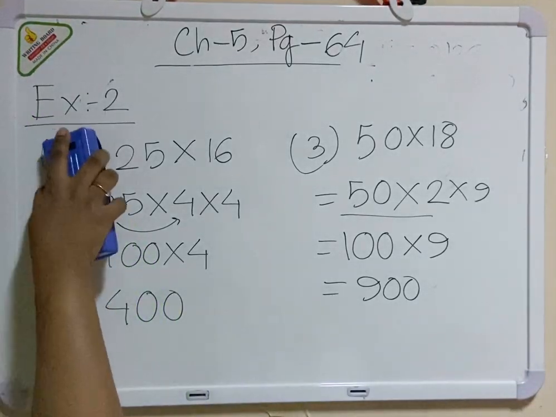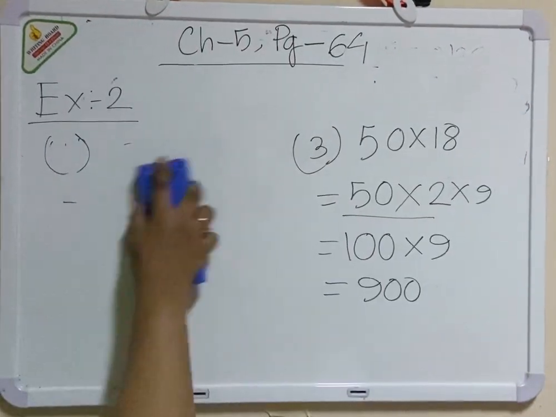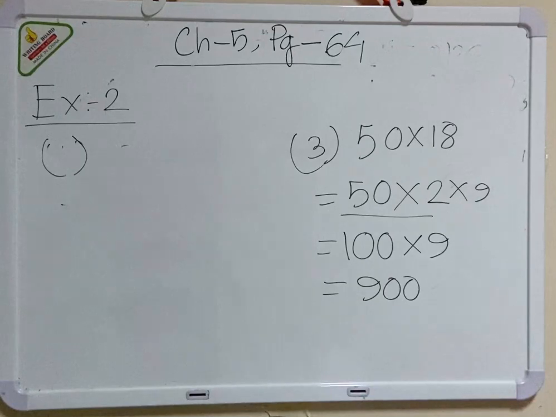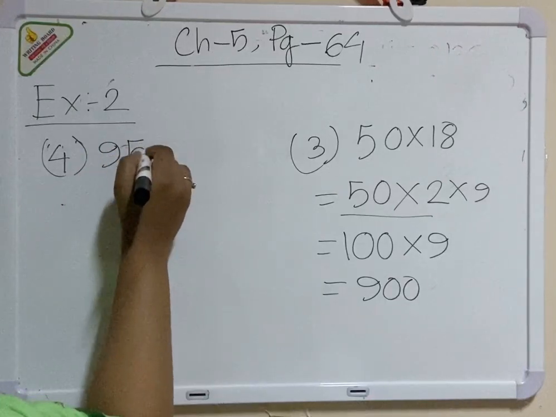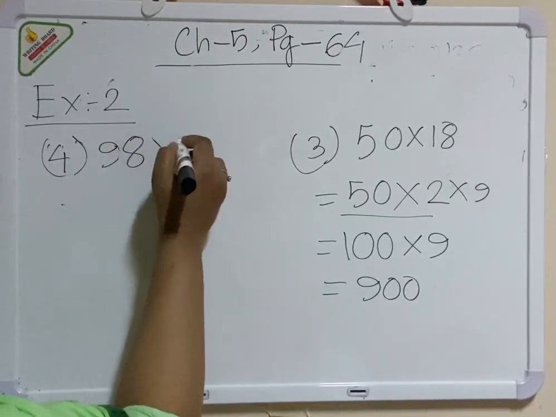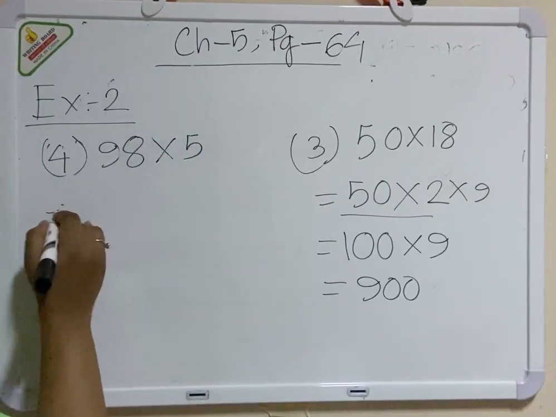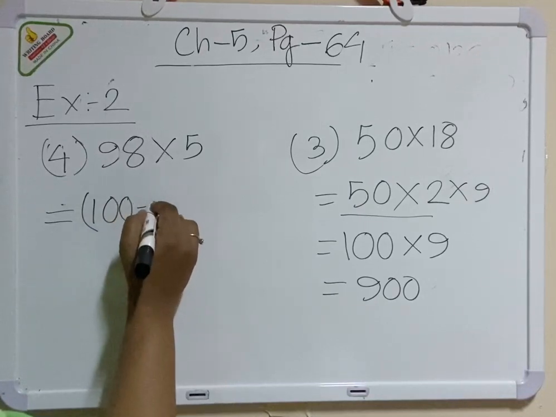Now I will show you the number 4. 98 multiplied by 5. 98 you have to write as 100 minus 2.